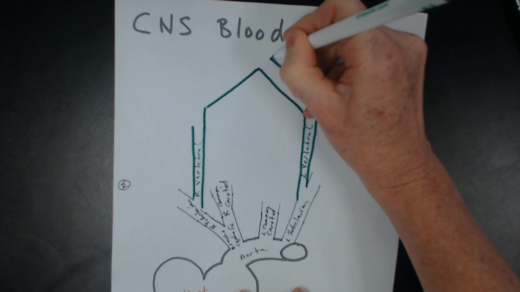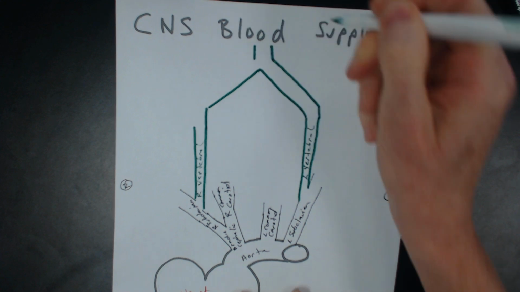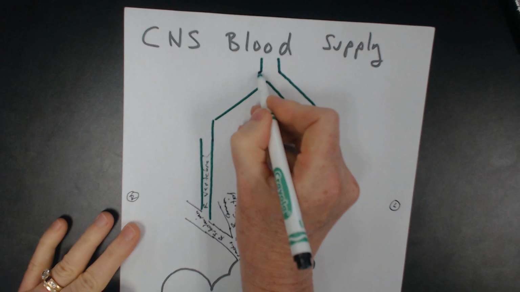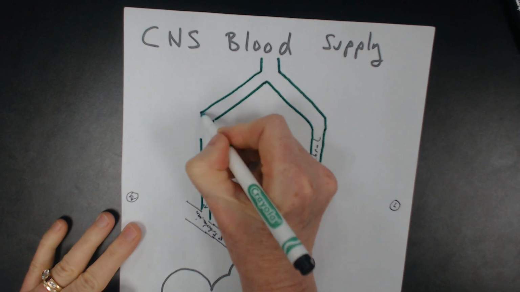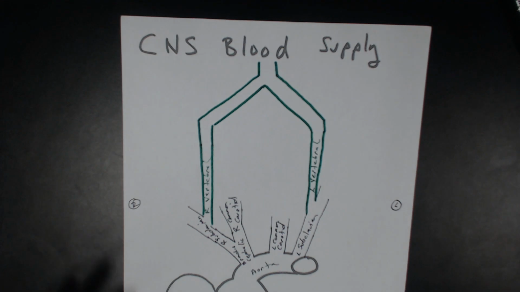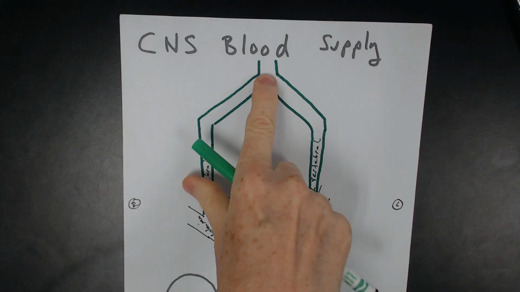We'll talk about this in a minute, at about the level of something called the pontomedullary junction, which is nothing more than the place where the pons and the medulla abut. They come together at that point. So the left and right vertebral arteries come off the subclavians and travel straight up, and then they start to come to the middle, and they form one artery right here.